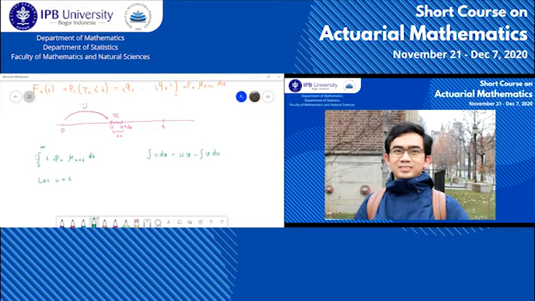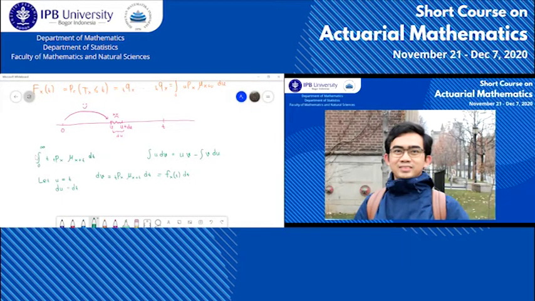Then du is equal to dt, and let dv be equal to tpx times mu x plus t dt. We know that this is f sub x of t dt.